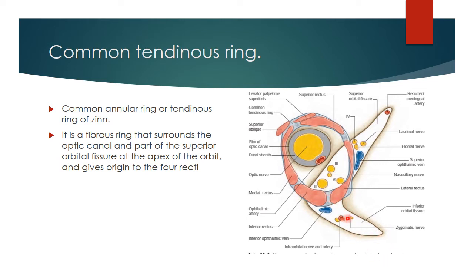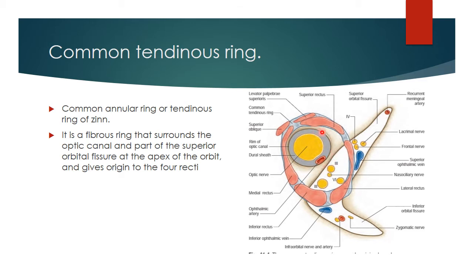Actually, this fibrous ring divides the superior orbital fissure into three parts: lateral part, central part, and medial part. Now we can see the structures passing through the superior orbital fissure within this tendinous ring of Zinn. These are the nasociliary nerve with upper and lower divisions of the oculomotor nerve and the sixth or abducent nerve, while the optic nerve with the ophthalmic artery also pass through this tendinous ring but outside the superior orbital fissure.